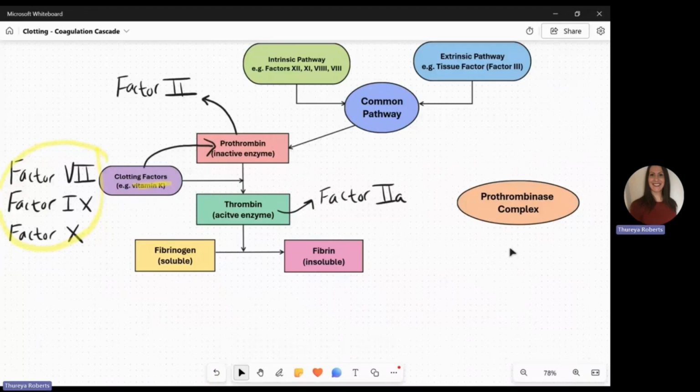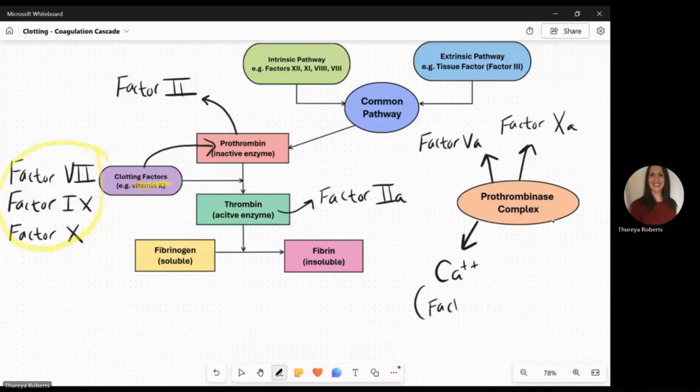Thrombin doesn't activate on its own, it requires help from the prothrombinase complex, which consists of 4 key elements. Activated factor 10A, activated factor 5A, calcium ions, which are also known as factor 4, and phospholipids.